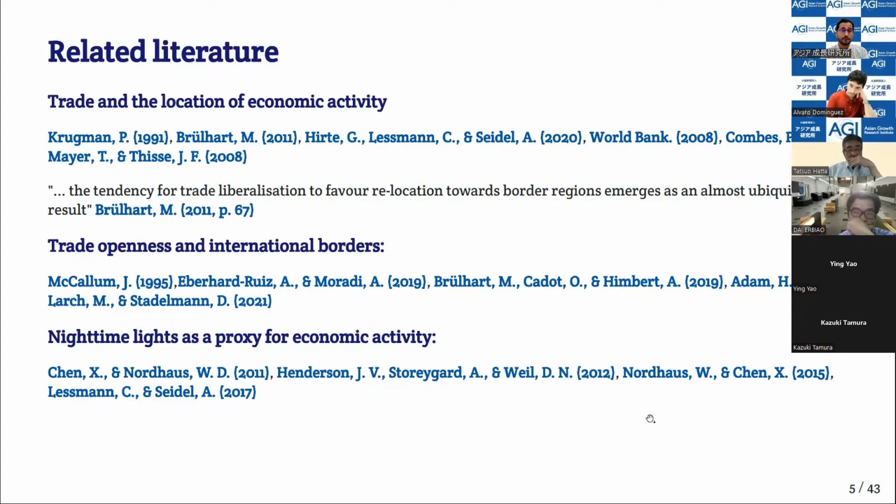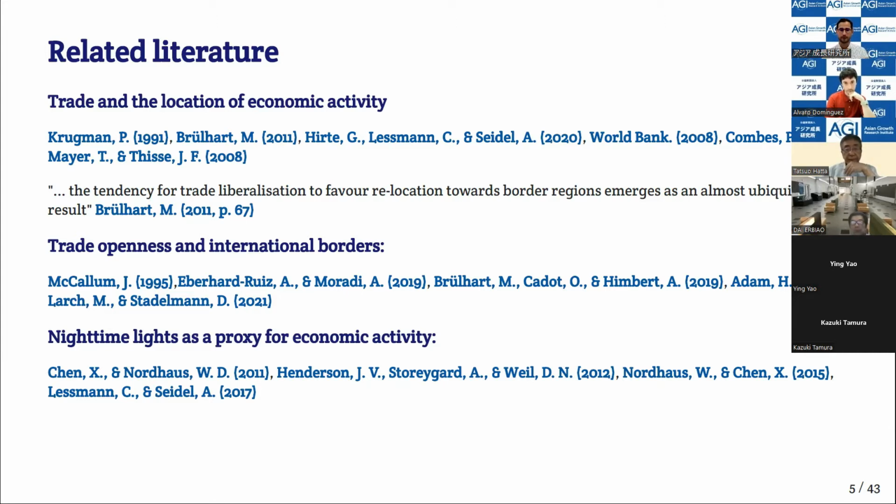And there is a very nice paper, this one by Brulhart, that summarizes what we know so far about economic liberalization and economic activity, and I read here the quote: the tendency for trade liberalization to favor relocation toward border regions emerges as an almost ubiquitous result.